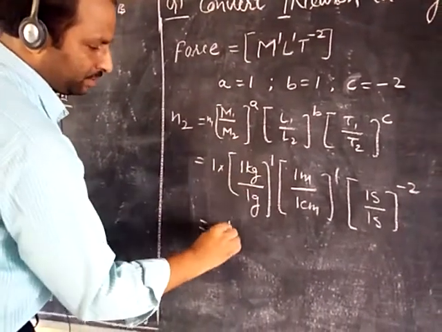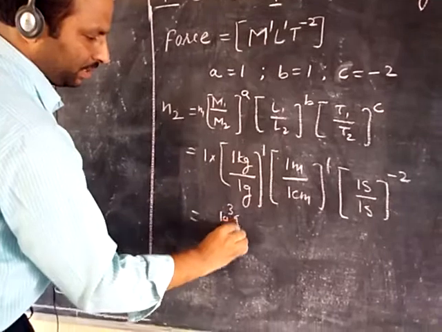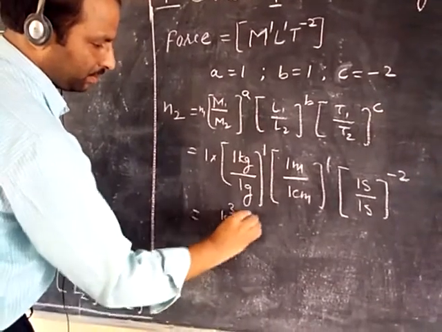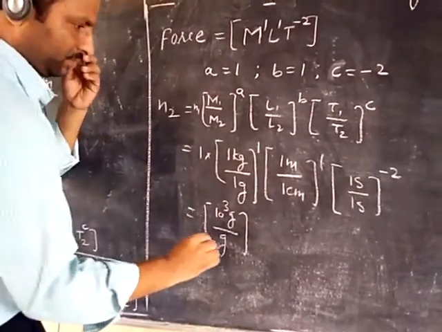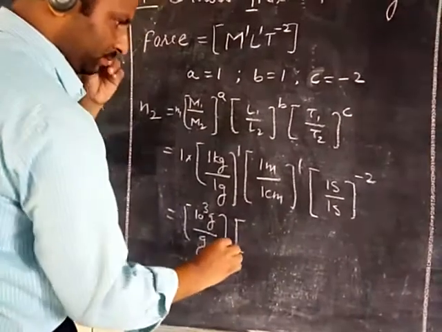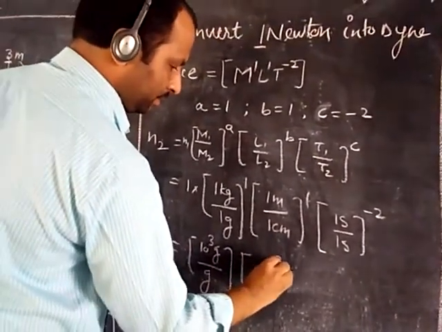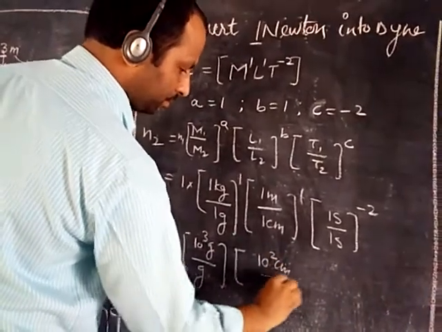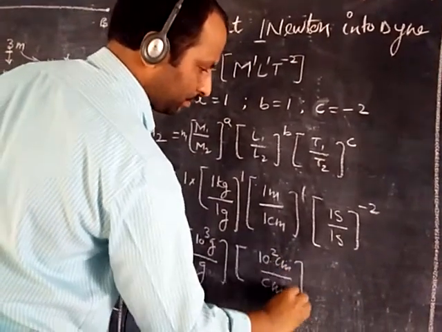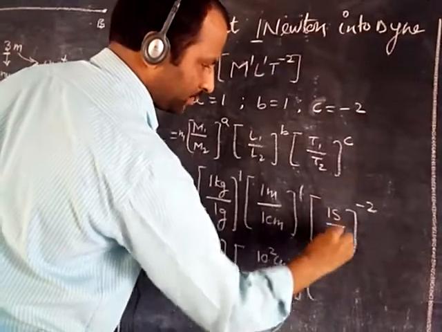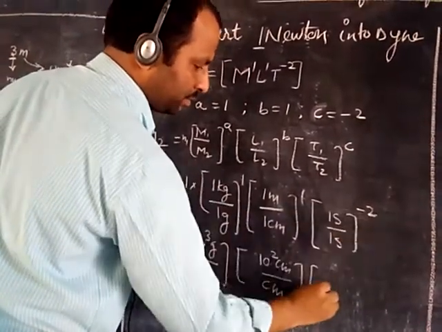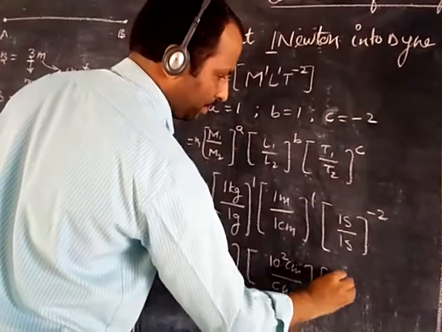So 1 kg is equal to how many grams? 1000 grams. 1 meter is 100 centimeter. And 1 second upon 1 second, raised to -2, is 1 only.